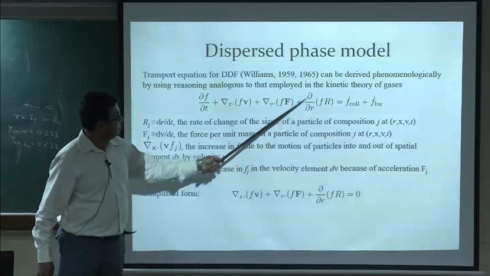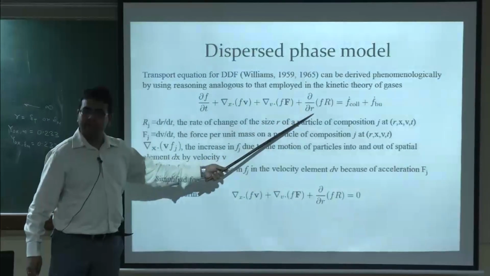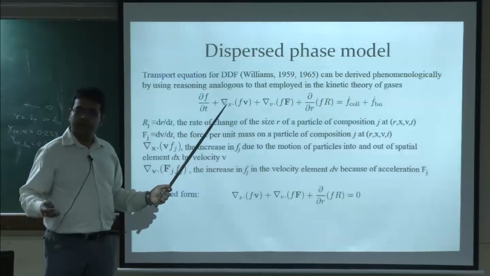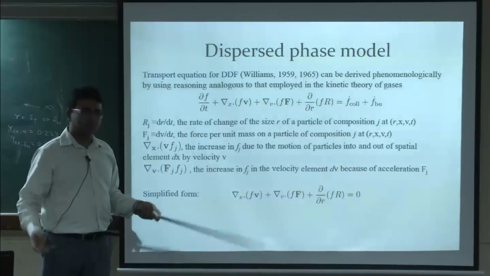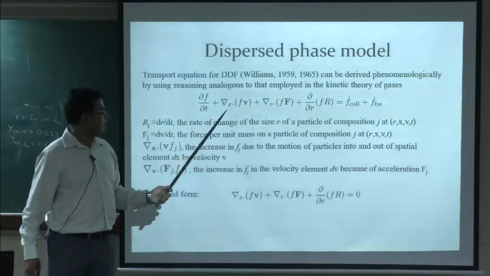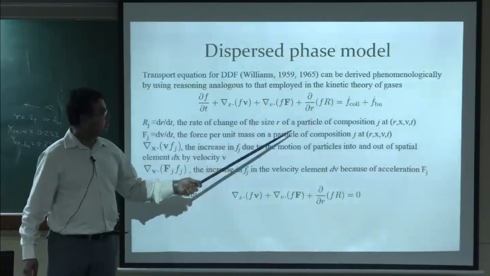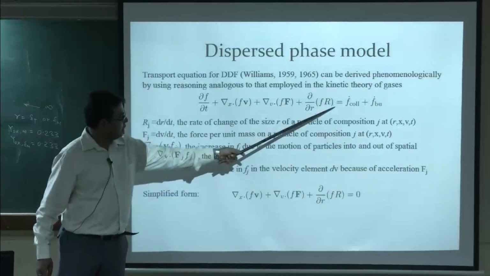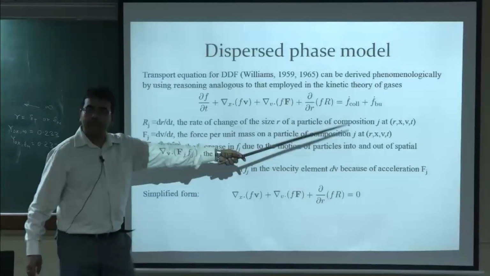And then this is the change of radius. We have seen that f is basically a function of radius, spatial location and the velocity, so all this gradient will come into the picture. This is the gradient in the spatial locations, gradient in the velocity, and this is the gradient in radius, and that is equal to the collision term and the breakup term.